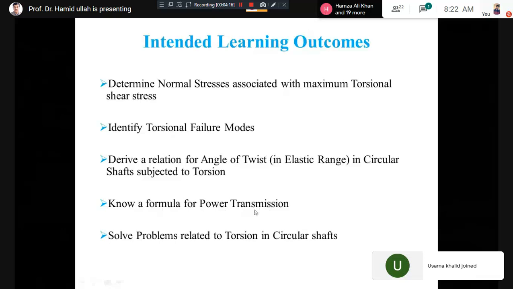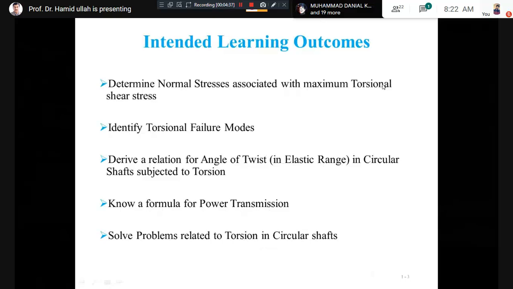Remember, when we apply torsional load to a shaft, the shaft rotates, and the intended function of a shaft is power transmission, from one point to another. So how much power can a shaft transmit? There is a simple formula we will talk about.